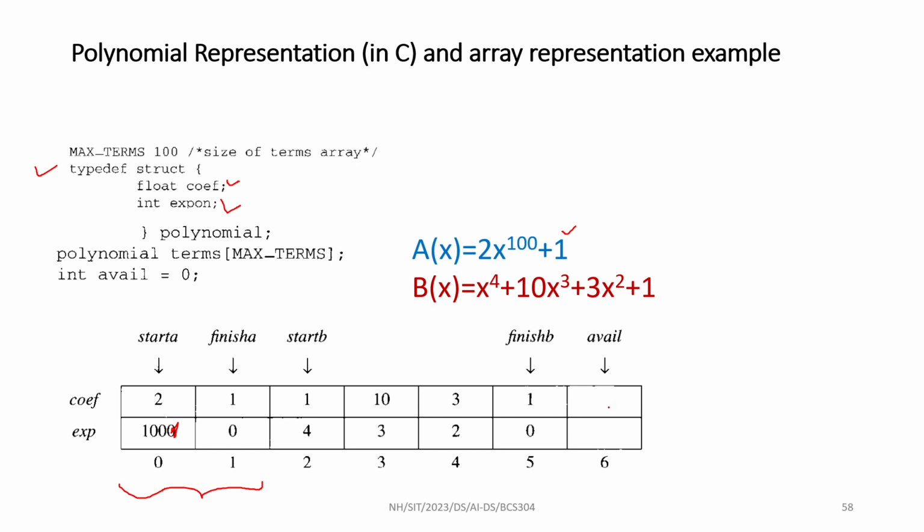We will be seeing this in the next example. This is the second polynomial. Here it maintains arrays of coefficient and exponent structure. This representation is quite useful. With that, you can represent any polynomial and avoid wastage of memory.